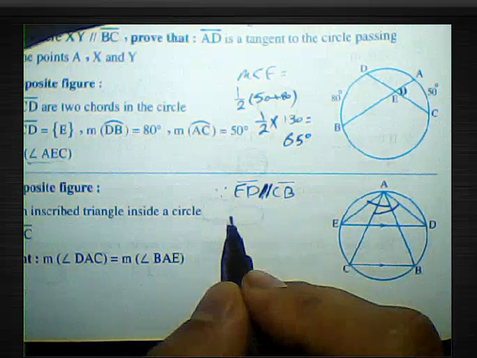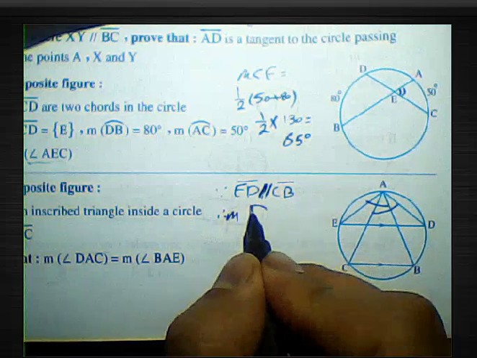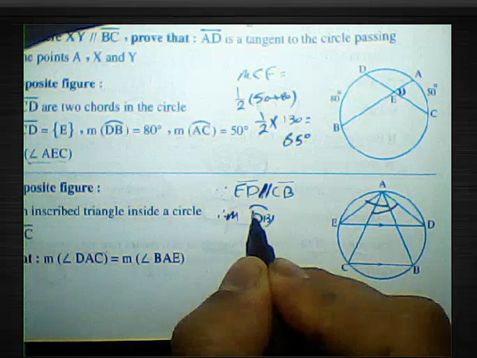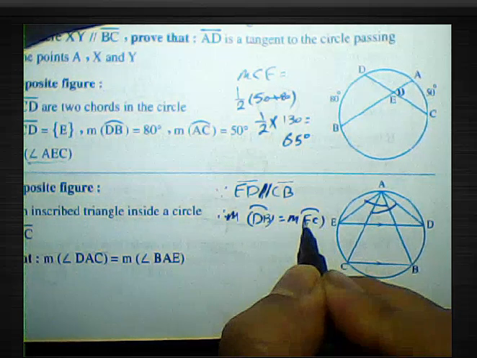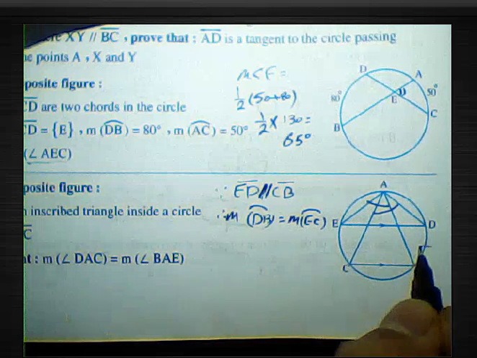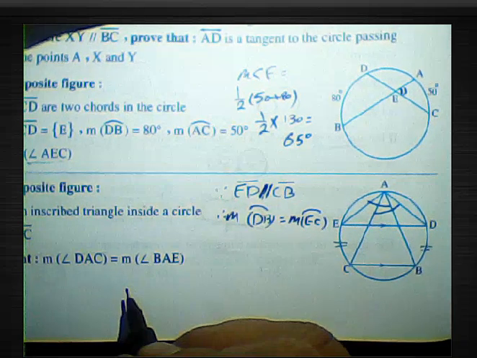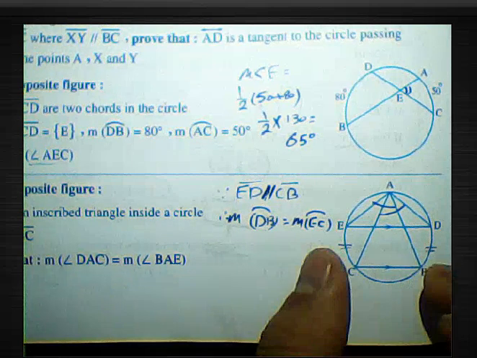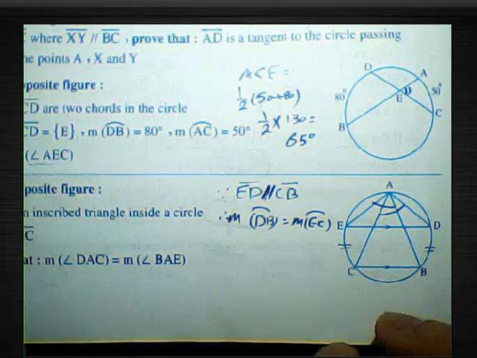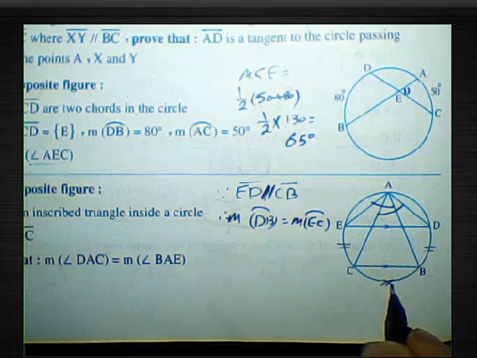Okay, then the measure of arc DB equals the measure of arc EC. This arc equals this arc in length and measure. Then we have two arcs equal in length. We can add this arc to the left-hand side and the right-hand side.